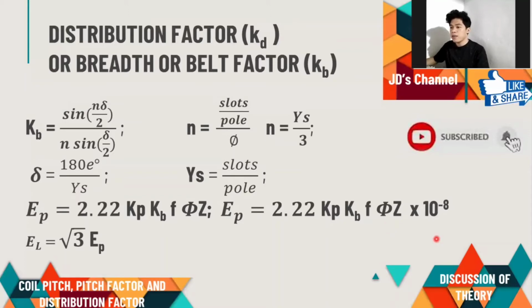If the flux is in Weber, we no longer multiply by that. It's just for conversion. And then we also have this formula for the terminal voltage, E-line, which is the square root of 3 times E-phase. So that is E-line, the terminal voltage, and E-phase.